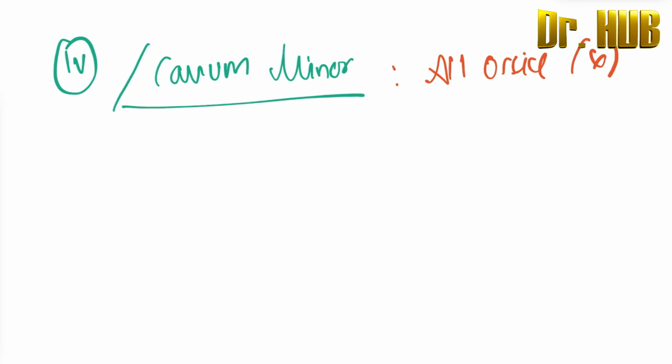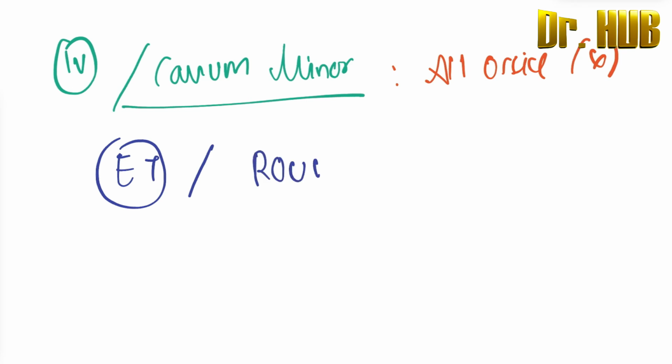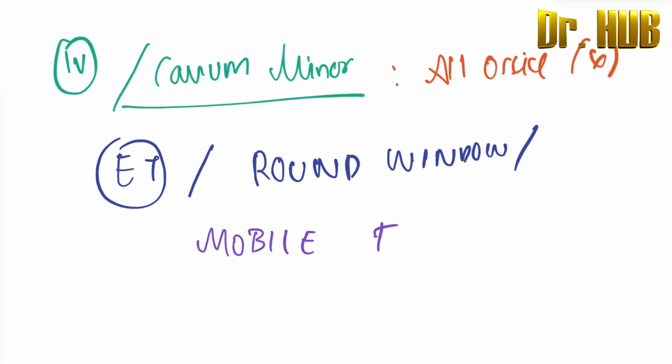The graft is placed over the eustachian tube as well as the round window, and it leaves the mobile footplate exposed.